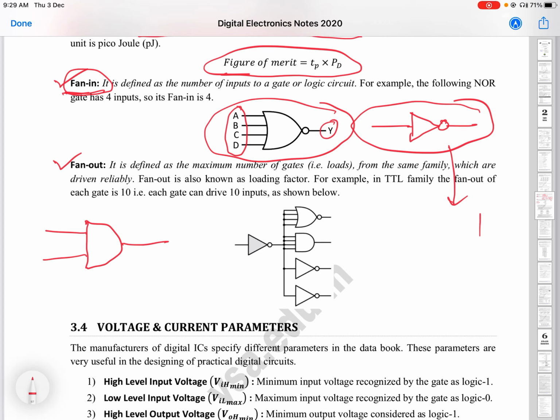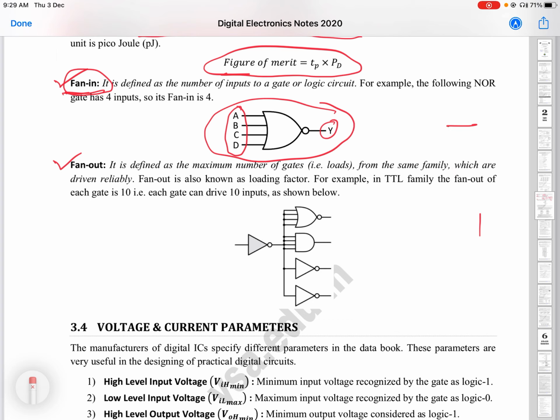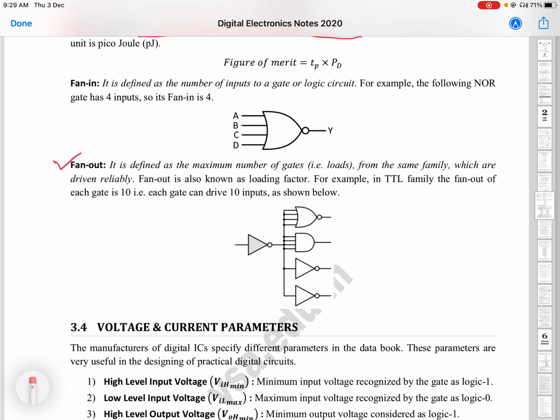So the fan in of this AND gate will be 2. Suppose I add one input more, then the fan in will be 3. So fan in is simply the number of inputs to a logic circuit. It is very simple to note down this point.